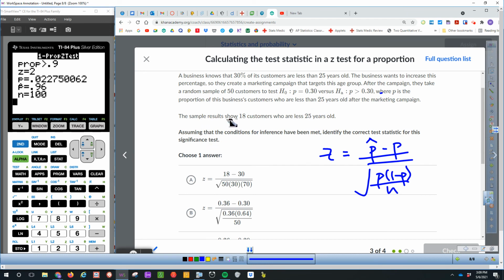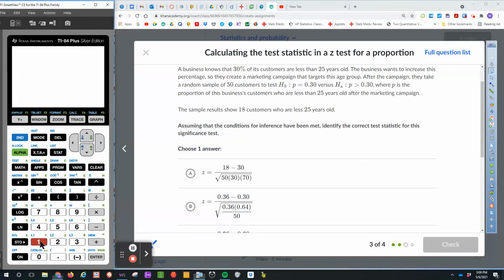The sample result shows 18 customers who are less than 25, 18 out of 50. So 18 divided by 50, your sample proportion is 0.36, right?